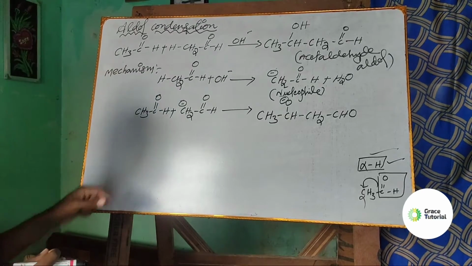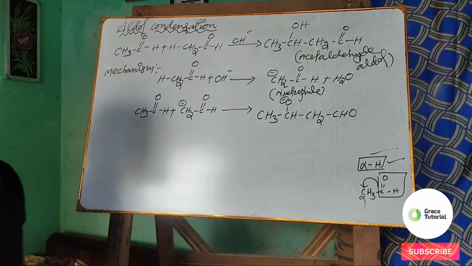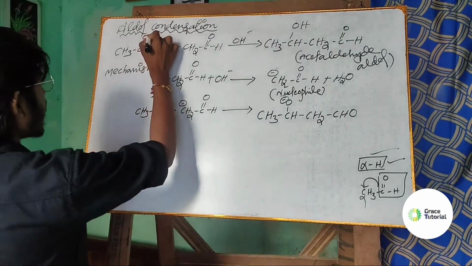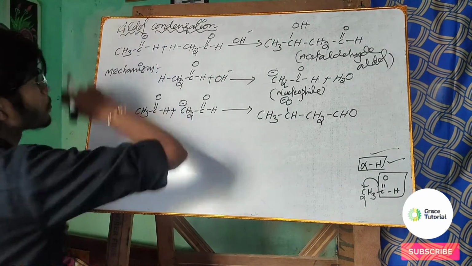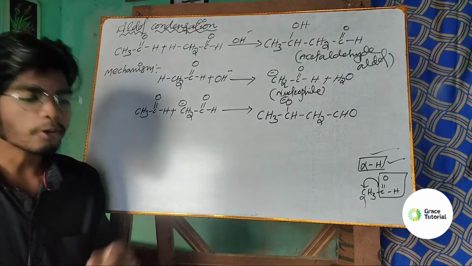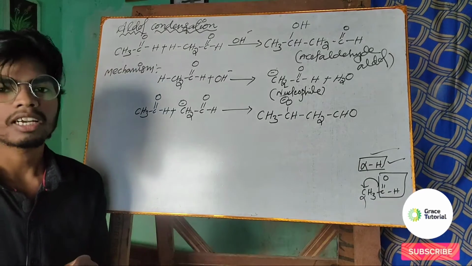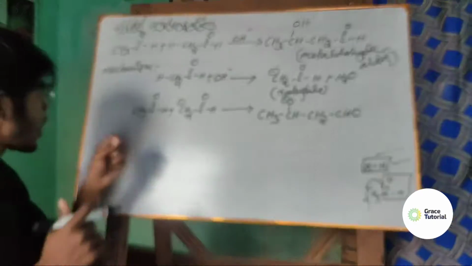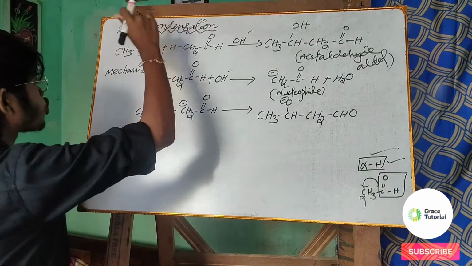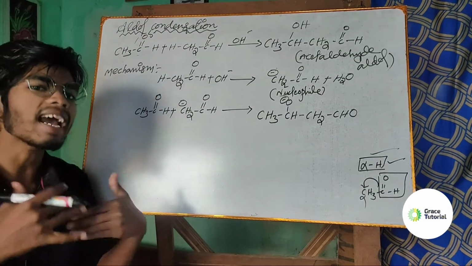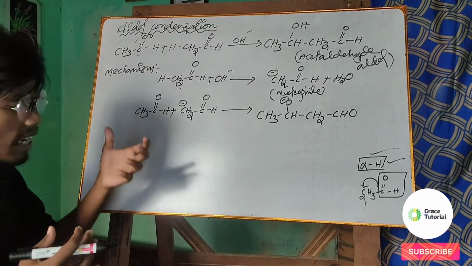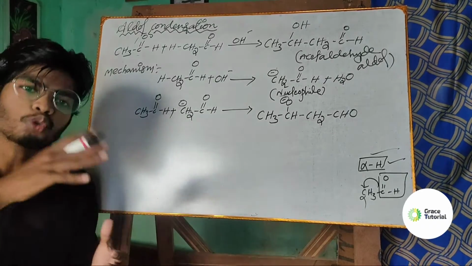Let me give you an example. I have acetaldehyde, CH3CHO. If you look at this acetaldehyde, this is the carbonyl group. I had already explained the structure of the carbonyl group in the previous lecture, wherein we discussed that in the carbonyl group, oxygen, being highly electronegative, attracts the shared pair of electrons towards itself.